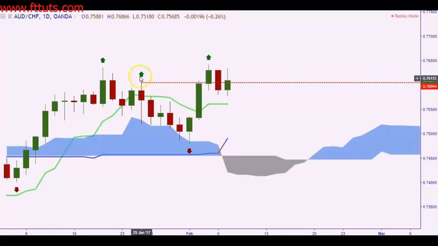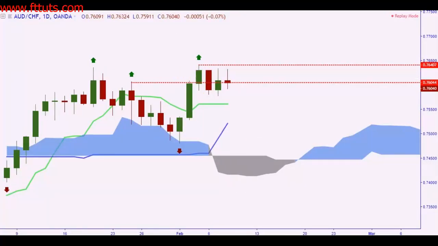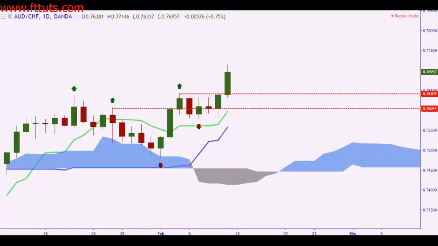All right, now had I not taken that trade, I also could put an entry order at this level. So you could see we get triggered on both trades. We're making profit on both trades. So we took this trade, we're in profit.